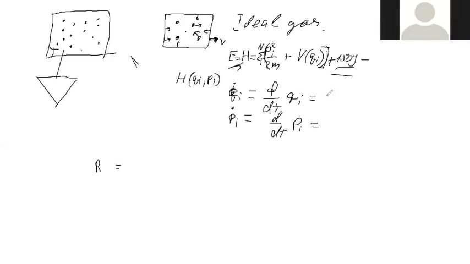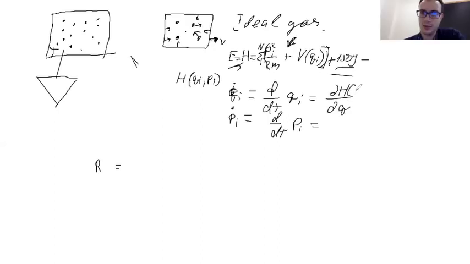Is it pi squared over 2m plus V? No, that is the Hamiltonian itself. Are we talking about the generalized equation? Partial H over partial q, and there's a minus. Actually, in one equation there is a minus, but not this one. So you take the Hamiltonian and take its derivative with respect to pi, because over here it's time.